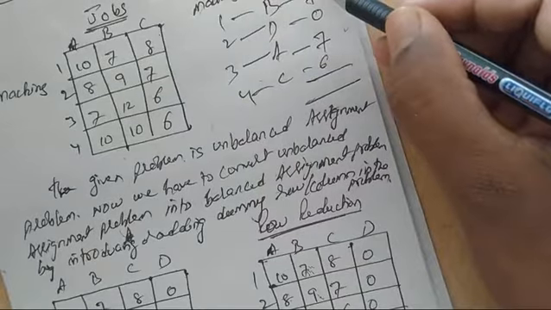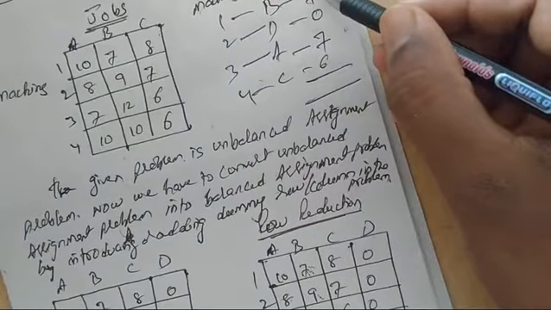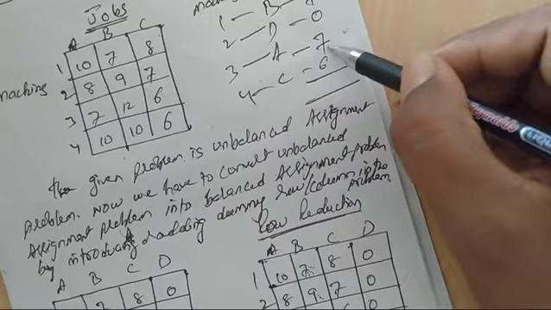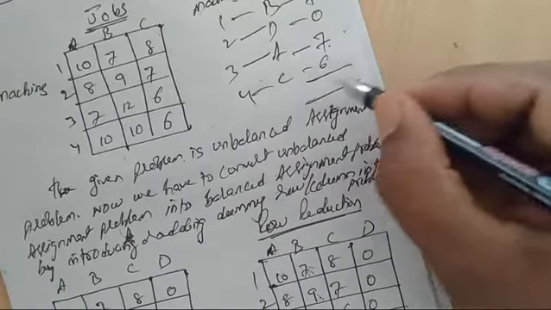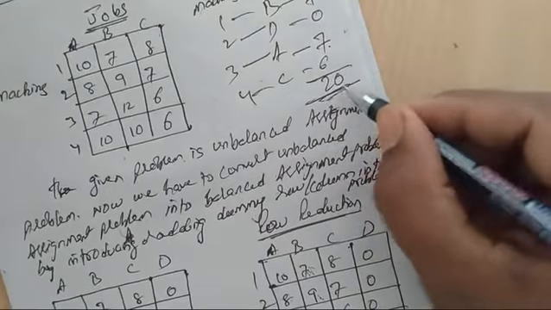Total cost: 7 plus 0 plus 7 plus 6 is 20. So 20 is the total cost.